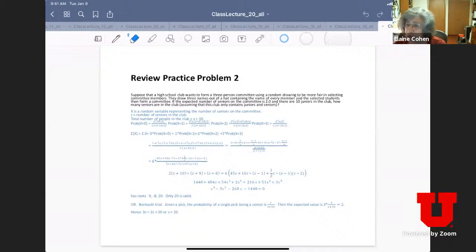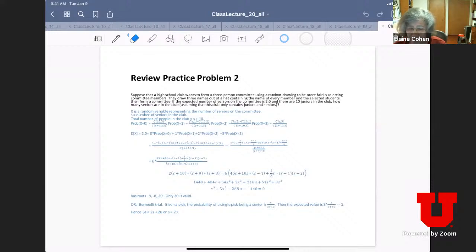We let X be the random variable representing the number of seniors on the committee. And S is the total number of seniors in the club. So the total number of people in the club is S plus 10. And so we figure out the probability that there are no seniors on the committee, that's X equals 0, that there's 1 senior on the committee, that there are 2 seniors on the committee, and that it's all seniors.